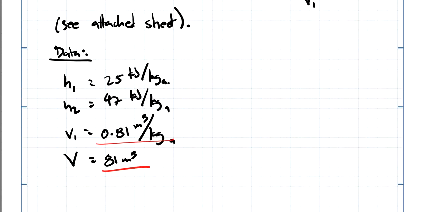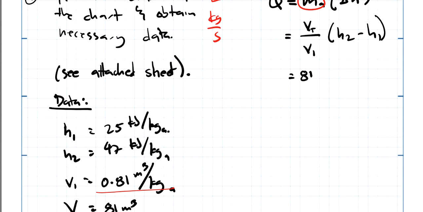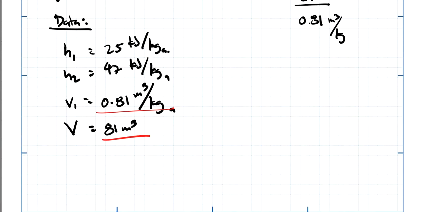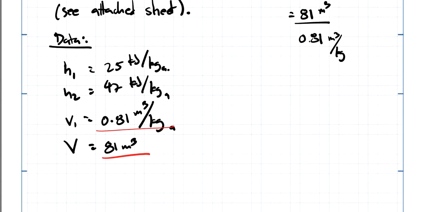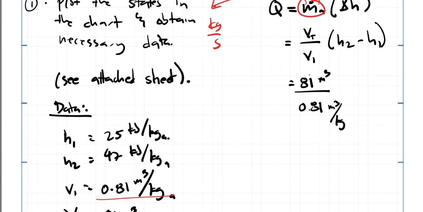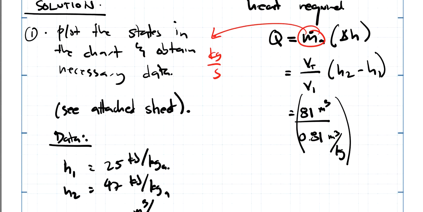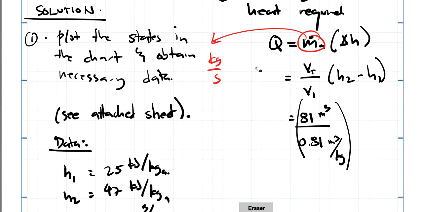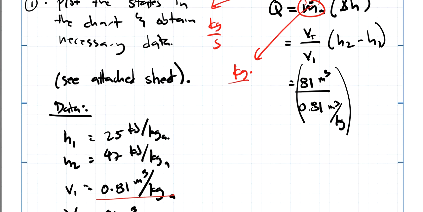So the volume is 81 cubic meter divided by 0.81 cubic meter per kilogram of dry air. This is not a flow rate, this is only a volume, so we only will have a unit of kilograms, not kilograms per second.